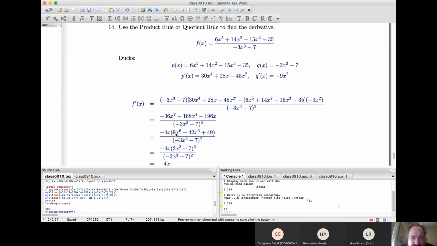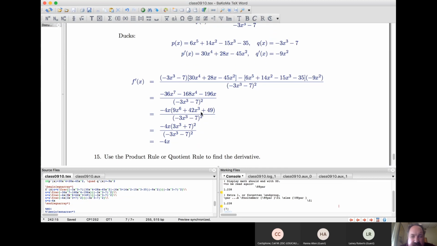Now, this is not something I would expect you to recognize, but this turns out to be a perfect square. This is 3x cubed plus 7, the whole thing squared.